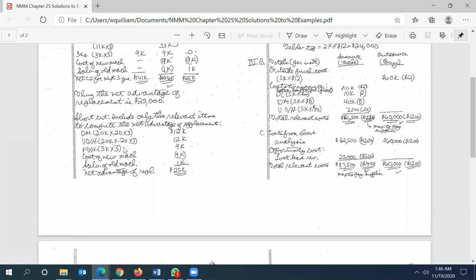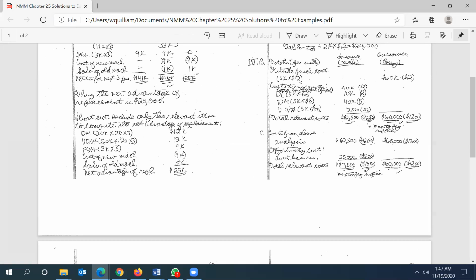Then fixed overhead. Again, the relevant part is 3,000. The irrelevant or unavoidable part is 11,000. So 14,000 minus 11,000 is $3,000 times 3 years, giving us $9,000 in savings if we replace. So it's a good thing I don't have parentheses around it as a result.